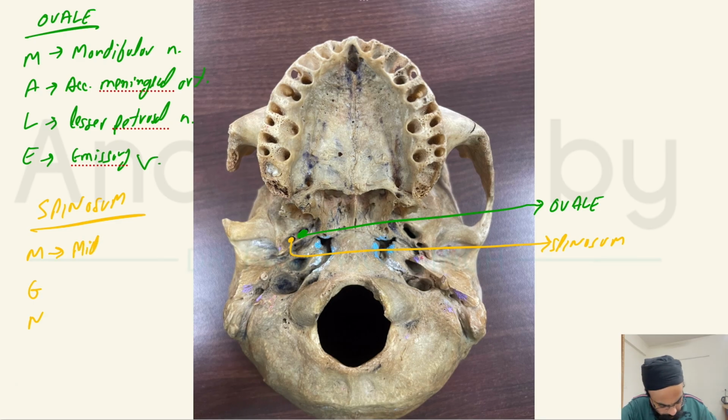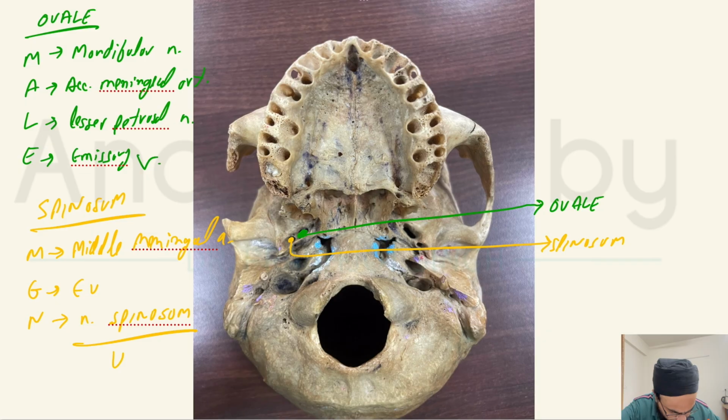MEN stands for middle meningeal artery, emissary veins, and nervus spinosum. It's a branch of कौन सी nerve? Which trigeminal? It's a branch of V3.